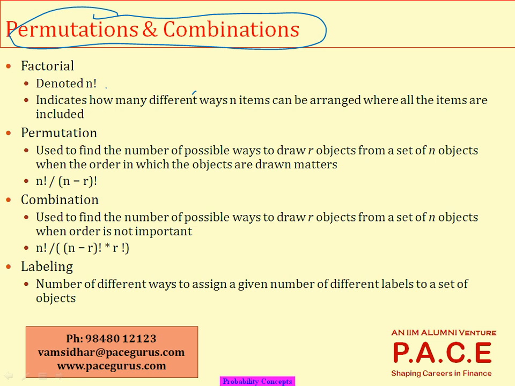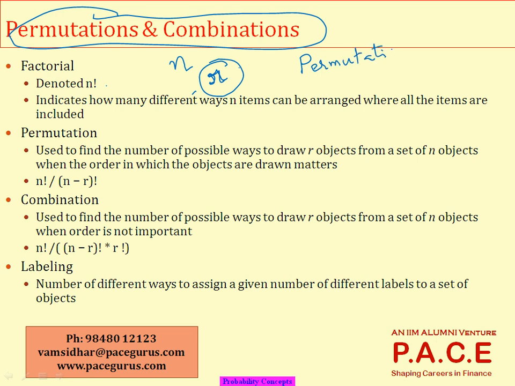So whenever we talk about n items present, out of which some r items need to be picked up, but the order of picking up is very important, the order in which these r items are picked up is very important, then we call that pickup procedure a permutation.